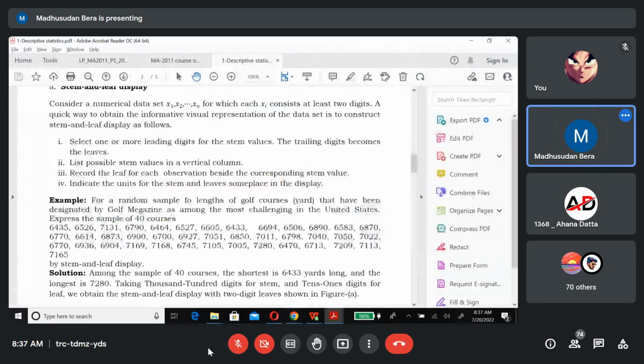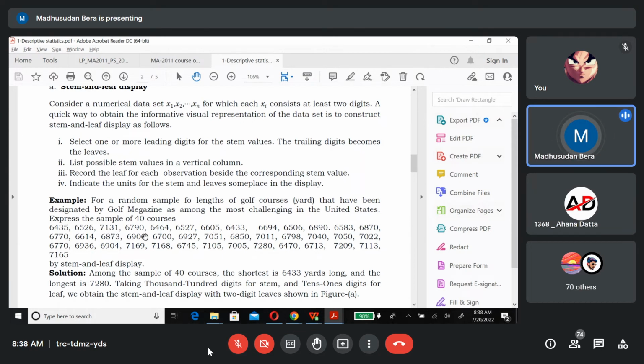Suppose this data set: 6435, 6427, 6713, and many more. How can we display the data? First we collect the digits in the hundreds and thousands positions, the third and fourth digits: 64, 65, 71, 67, 64, 65, 66.